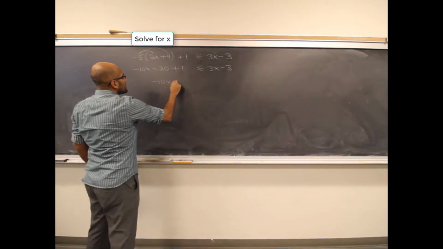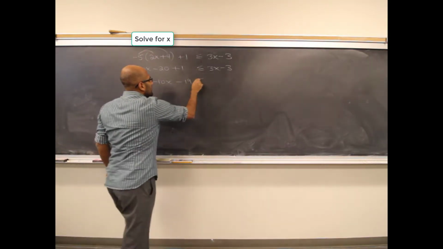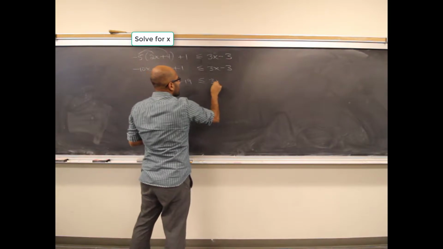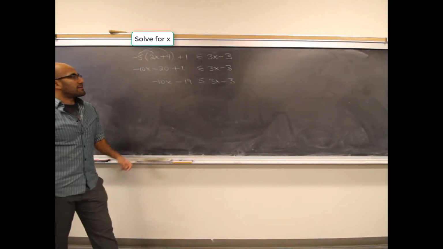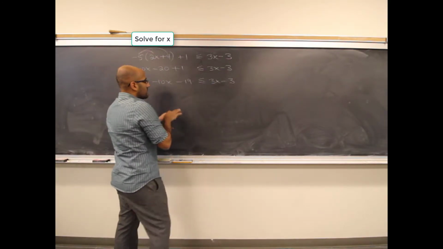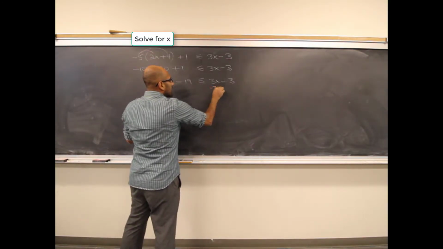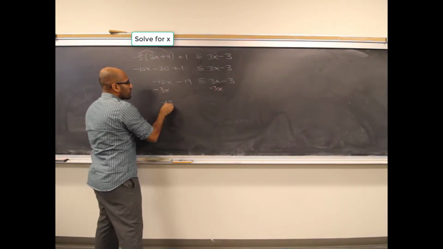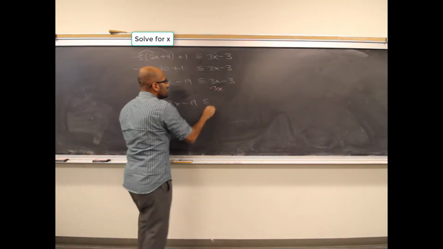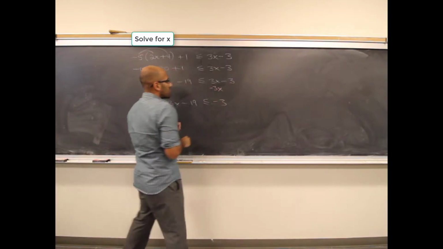Negative 10x minus 19 is less than or equal to 3x minus 3. Then I'm going to move this over here. Minus 3x, minus 3x. I end up with negative 13x minus 19 is less than or equal to negative 3.